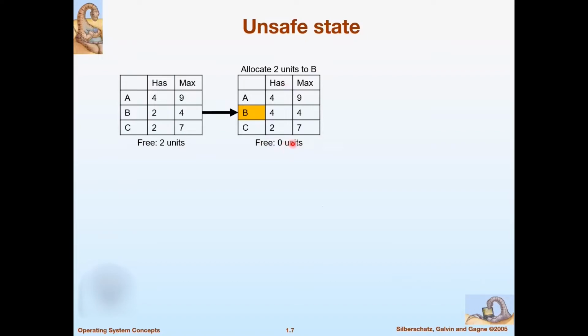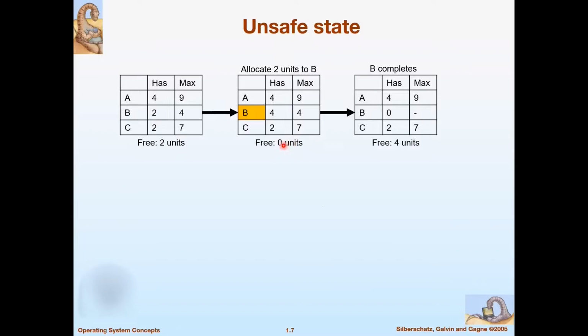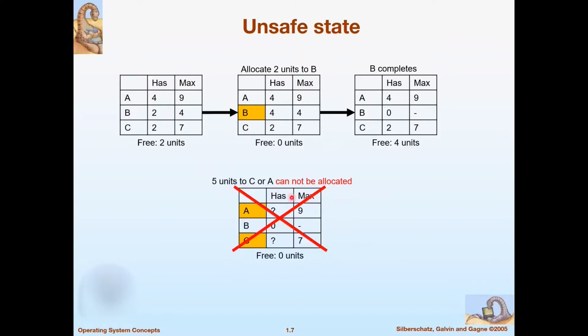Now after B completes, we have 4 units free, but neither A, which requires 5 more units, nor C, which requires 5 more units as well, can be serviced with the 4 units present in the free storage. Therefore, this is an unsafe state because there is no scheduling order which can meet these requirements.